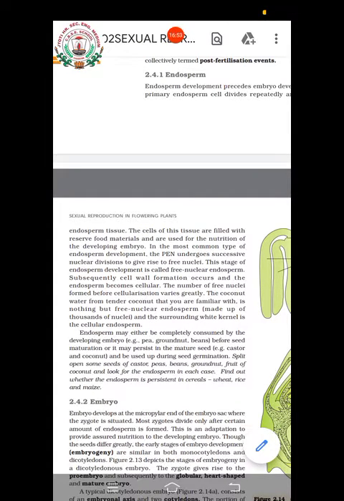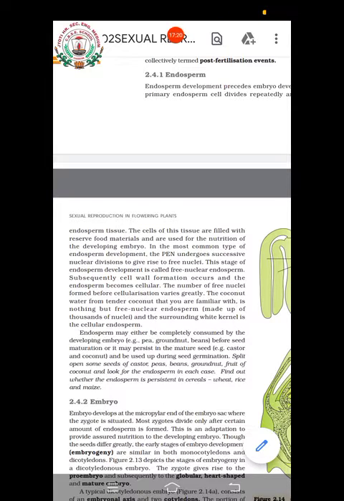Next question is, test cross is a cross between. First option, hybrid and dominant parent. Second, hybrid and recessive parent. Third option, hybrid and hybrid parent.